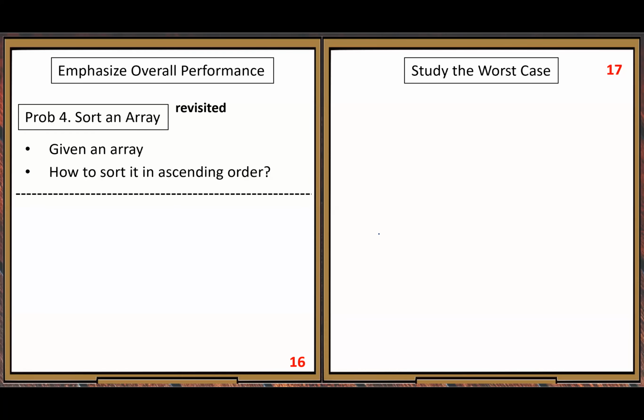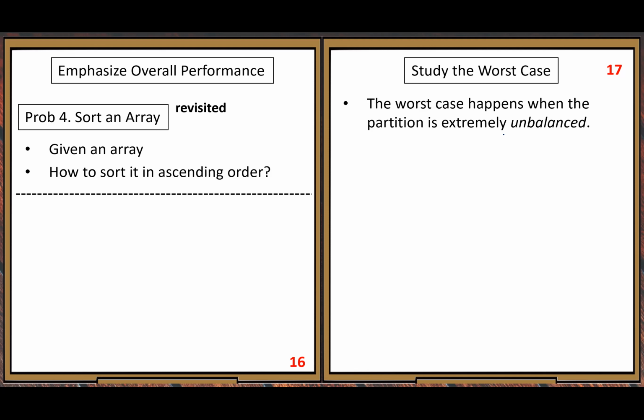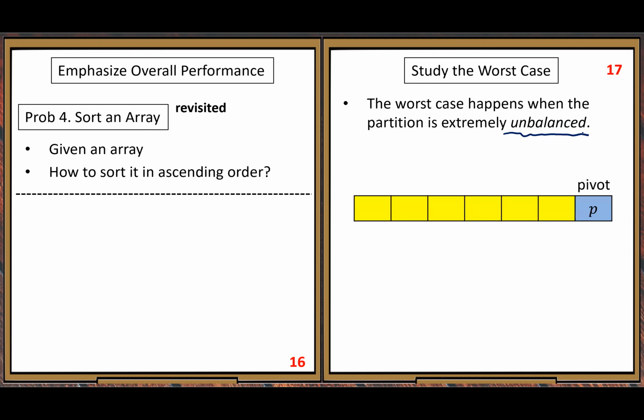Basically, when we do partitioning, the two subarrays after the partition step are unbalanced, the most unbalanced. That situation would correspond to the worst case. Extremely unbalanced case for each partition step.